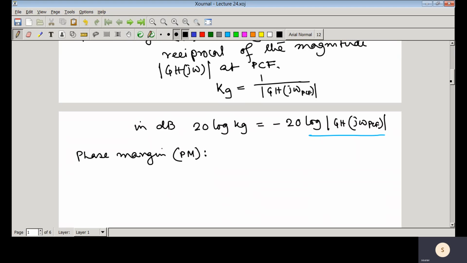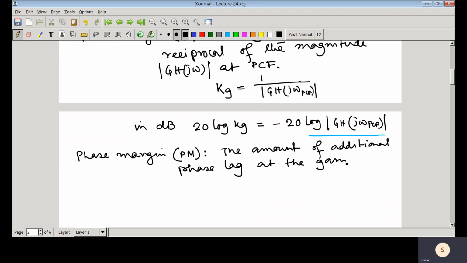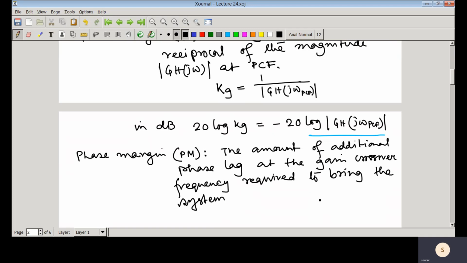So let us see the definition. The amount of additional phase lag, that is that theta, additional phase lag at the gain crossover frequency, that means the frequency at which it crosses that unit circle, required to bring the system to the critical point, and to the critical point means to the verge of instability.